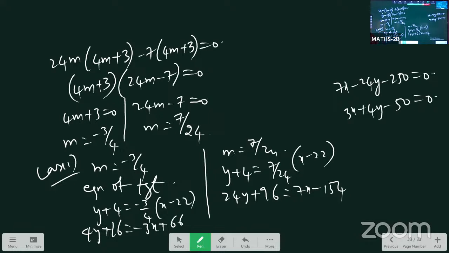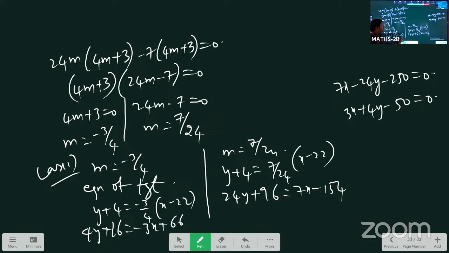In March some unexpected questions came, but hopefully this time we'll get expected ones. The last exercise will be either direct common tangents, transverse common tangents, or show that the circles touch each other. Total, there are three possibilities; mostly the questions will be asked from these.